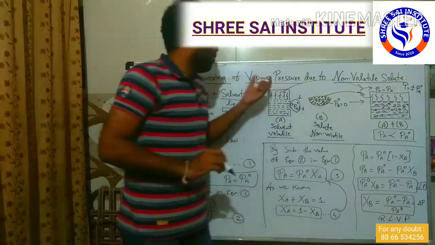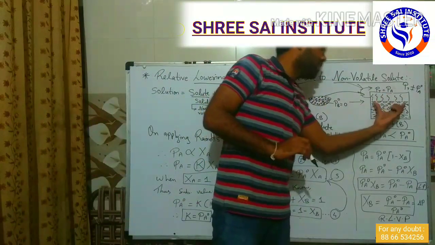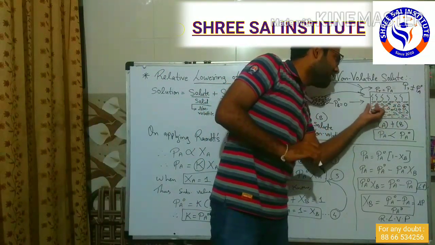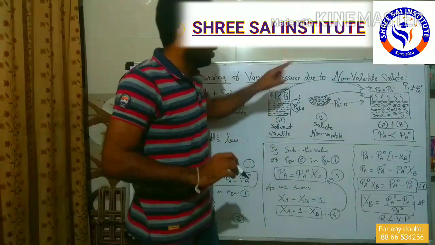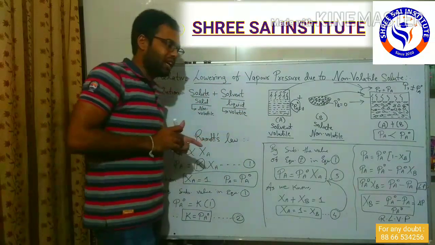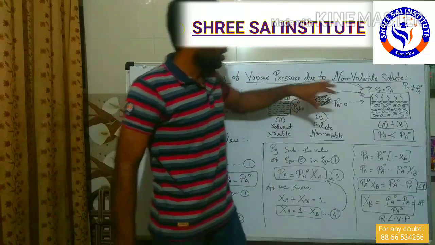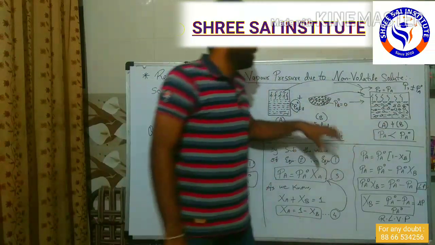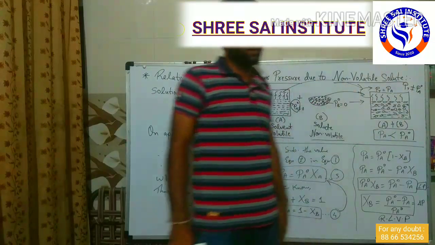Because vapor pressure is a surface phenomenon. Here we can see that on the surface not only solvent molecules are present. With them there are some non-volatile components, that is the solute, also present.